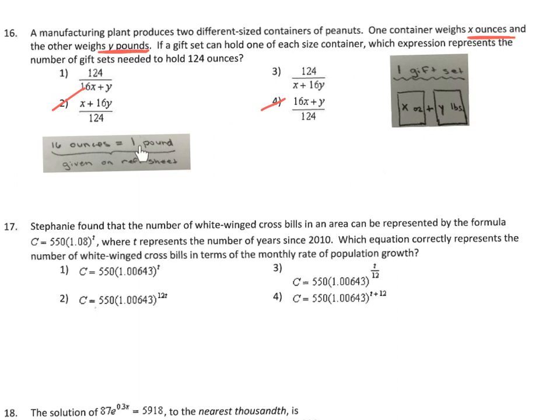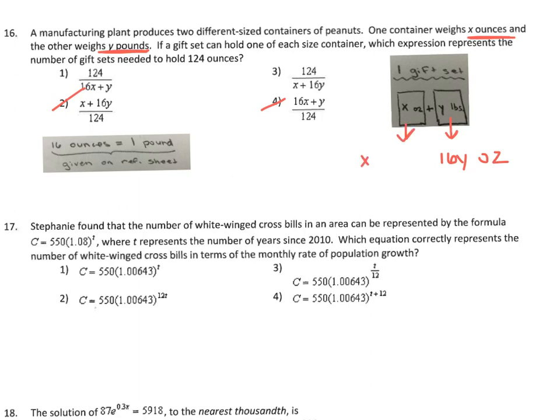If you want to convert from pounds to ounces, since there's 16 ounces in 1 pound, just take pounds and multiply it by 16, and that'll convert it to ounces. So if we take Y pounds and multiply that by 16, right, 16 times Y is just 16Y. So this would be 16Y ounces. And this is already in terms of ounces, right?